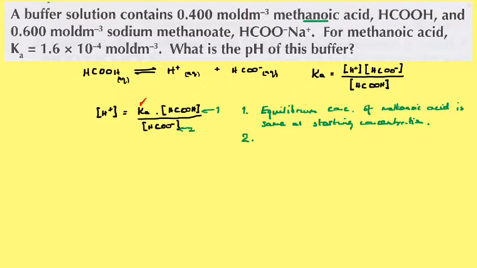So at equilibrium, we're going to assume that the methanoate ion concentration is the same as the starting concentration of sodium methanoate, because all of the sodium methanoate particles have dissociated, and so at equilibrium the concentration of the methanoate ions is the same as the concentration of the sodium methanoate at the start.